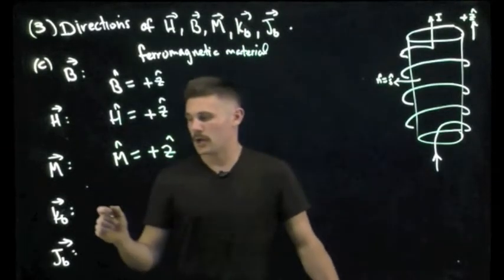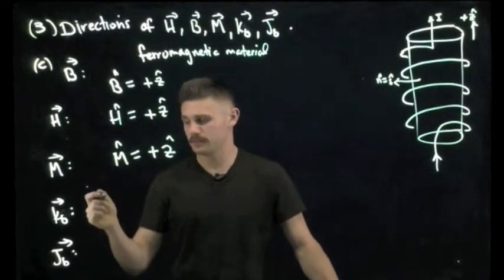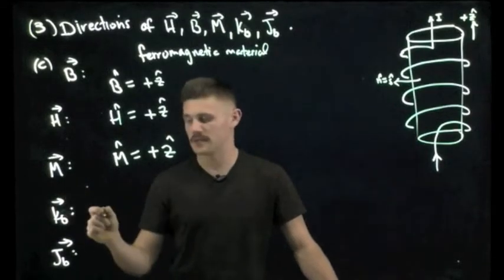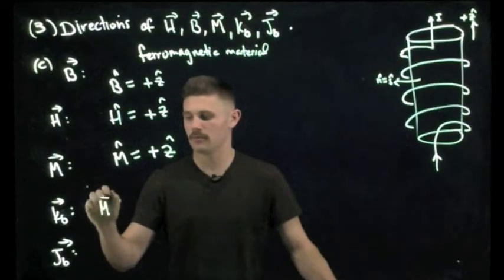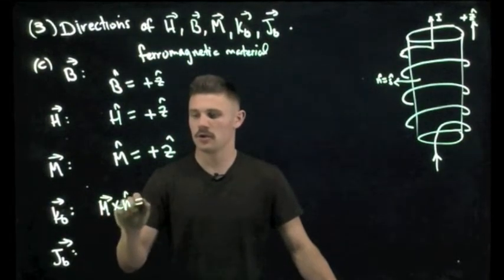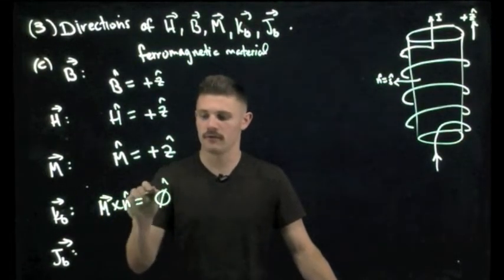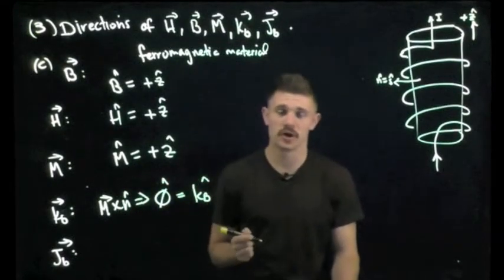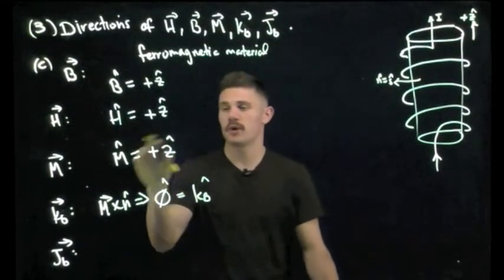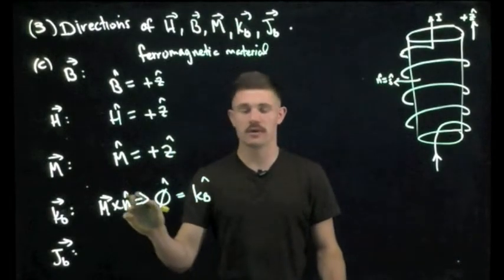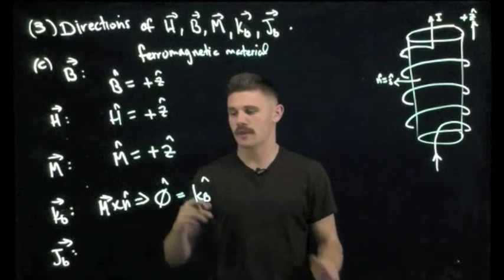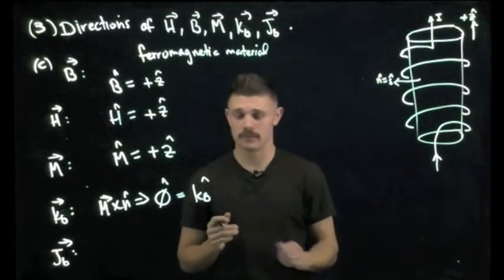Our bound surface current density is again simply M crossed with n hat, which is going to be in the positive phi hat direction because of the exact same logic as part A, where we have the positive z hat direction cross product with the s hat unit vector n hat. That gives us phi hat.